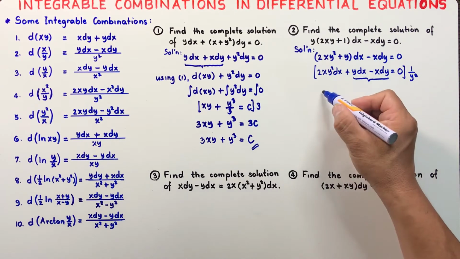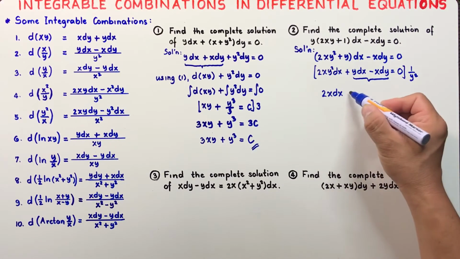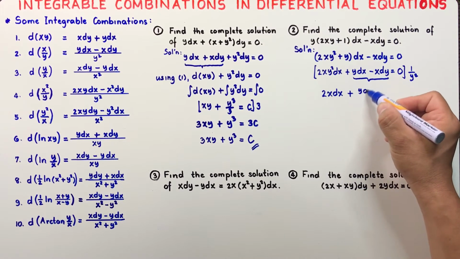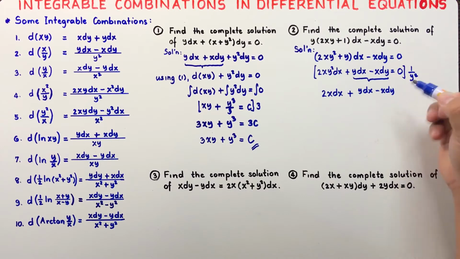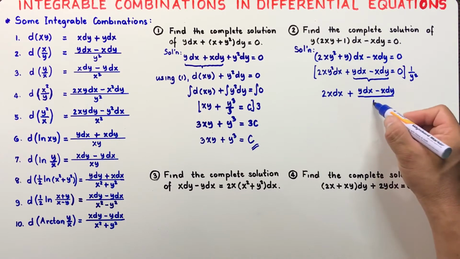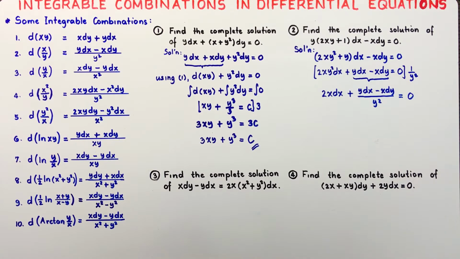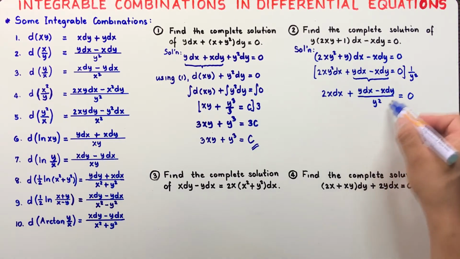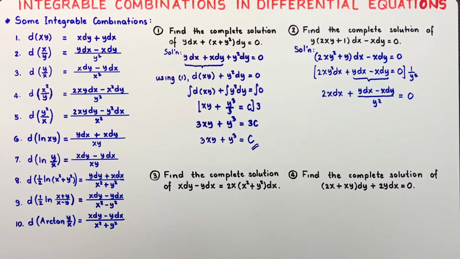So as a result, we have 2x dx plus y dx minus x dy all over y squared. And this is equated to 0. And now you notice that this is already the same with our integrable combination number 2, which is the derivative of a quotient x and y implicitly.